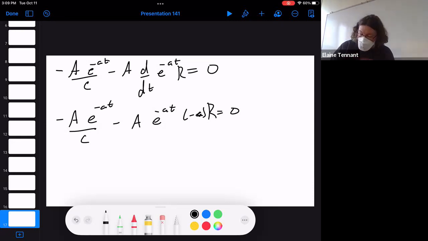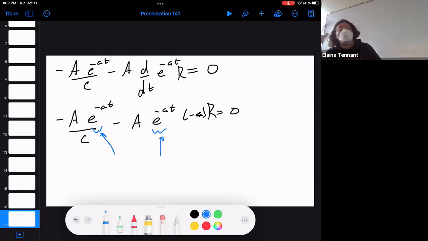With the e. Okay, so my time dependent components are that and that. And so for this solution to work, I need those time dependent components to cancel out, because if I have a time on one side and not on the other, then I'm messing up. And looking at this, that minus sign will cancel out that minus sign, and so I'll be able to divide both sides.